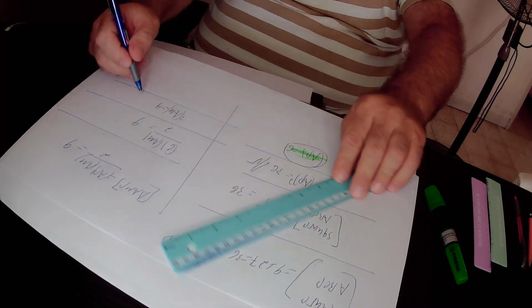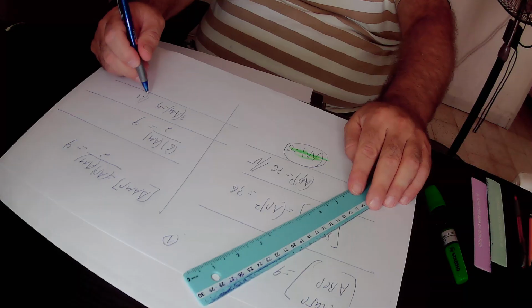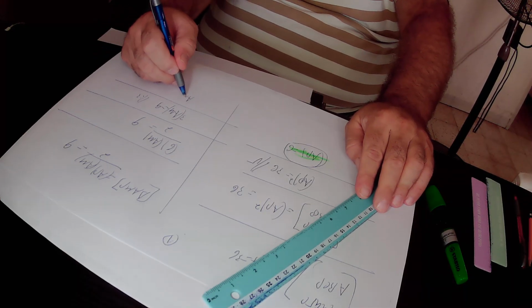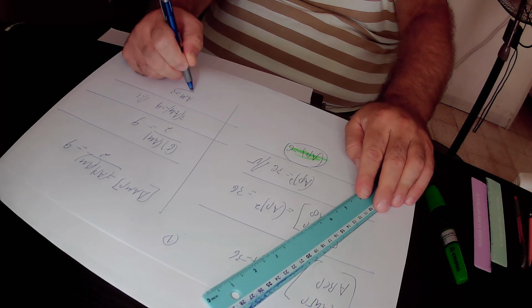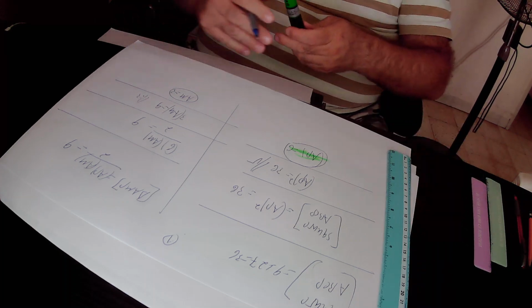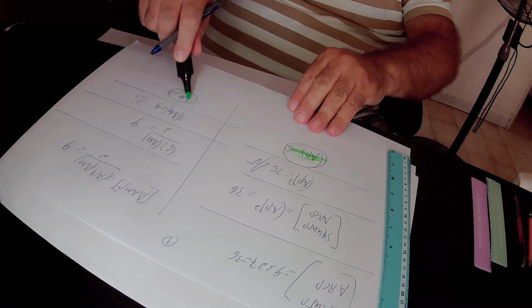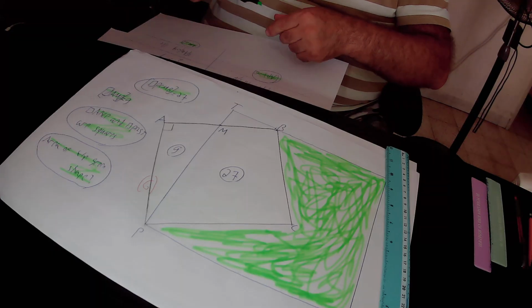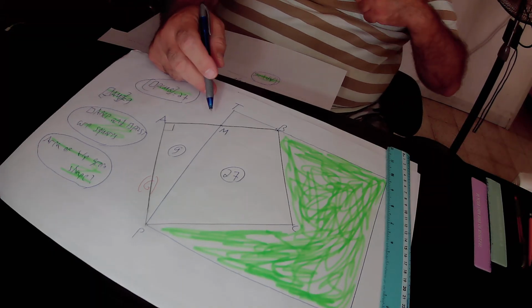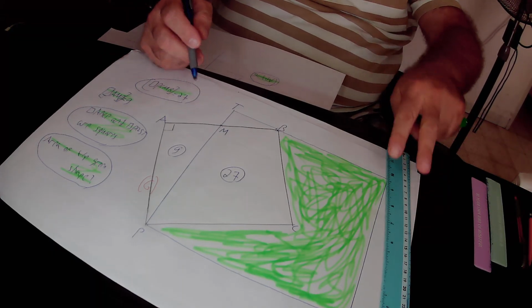Here we divide this expression by 3 and we get that AM equals 9 over 3, that is 3. So this side AM is equal to 3 units in its length.